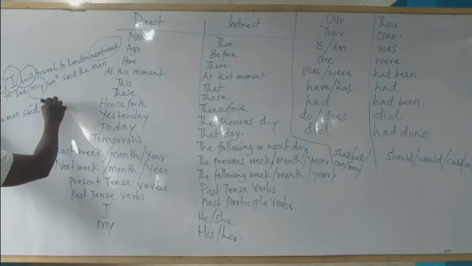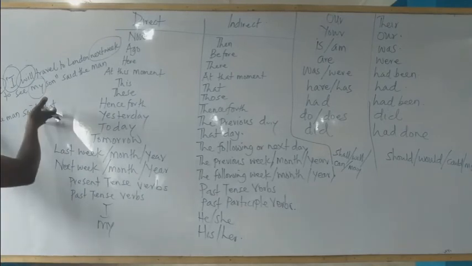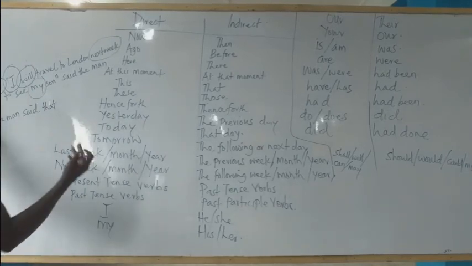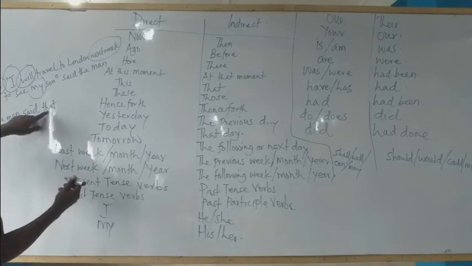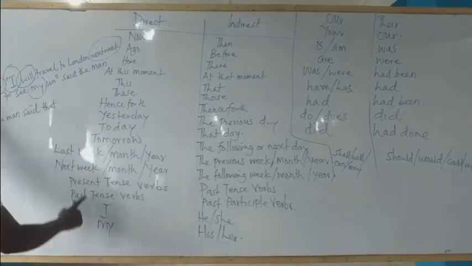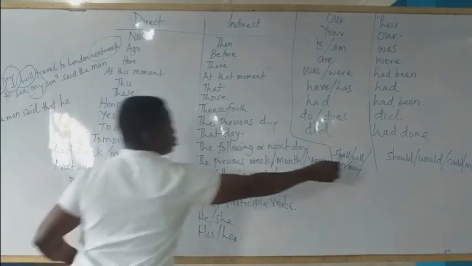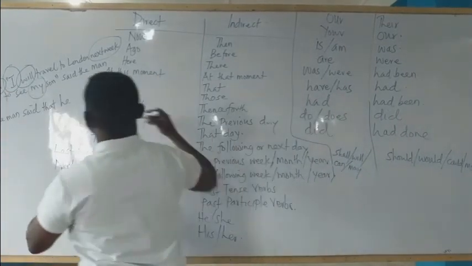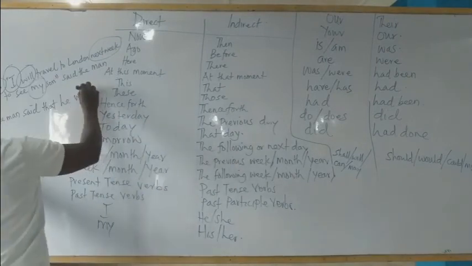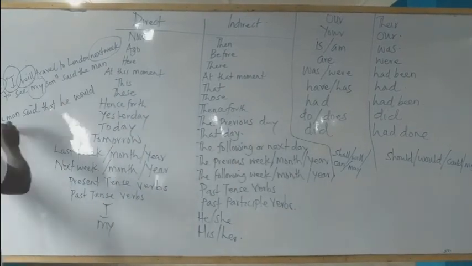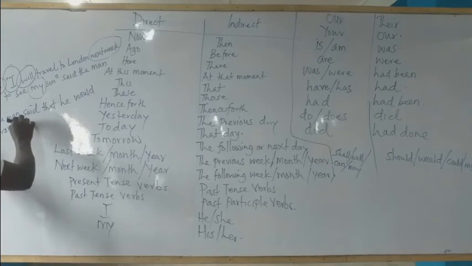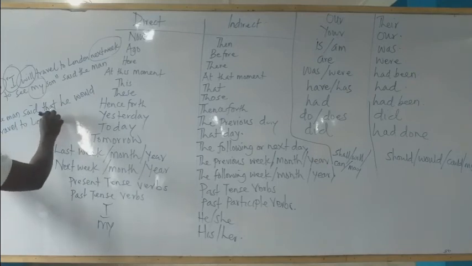Like I said, the man said that. Or I can even remove that and then write my sentence. The man said that. First thing, I will change the word I to he. Will becomes would. He would travel to London.